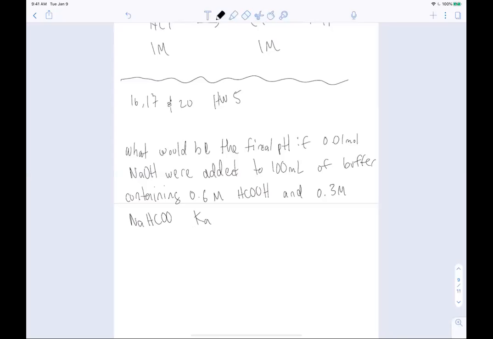It tells us that Ka is equal to 1.8 times 10 to the minus 4.